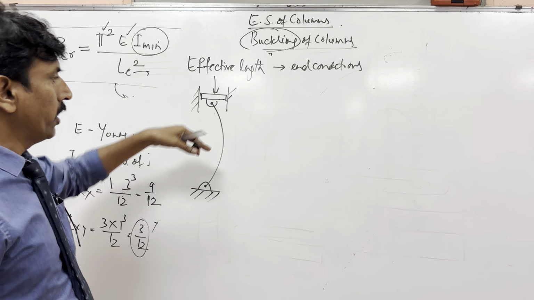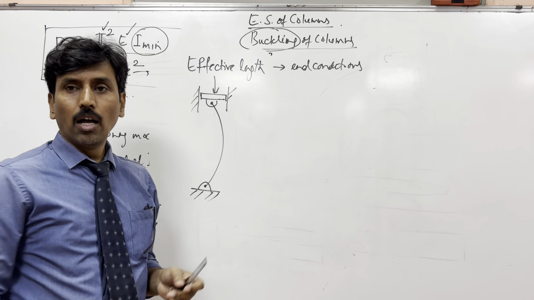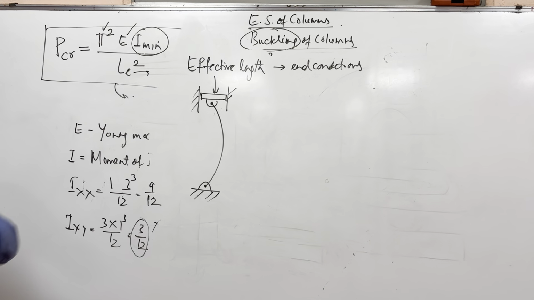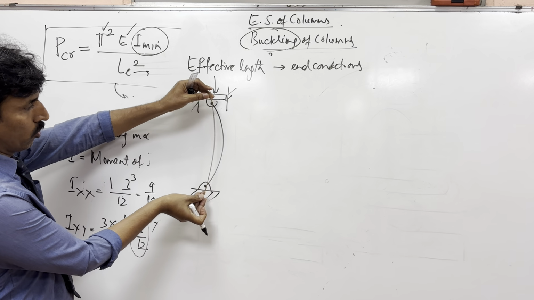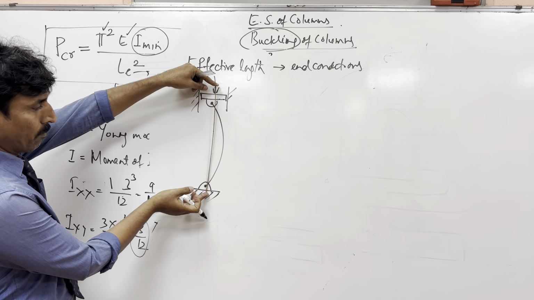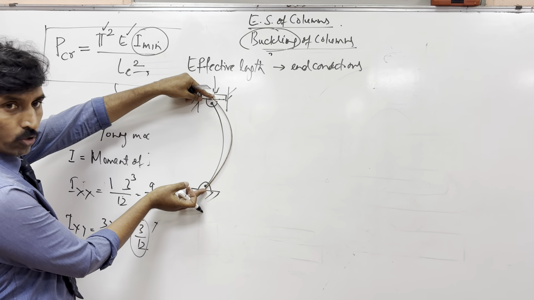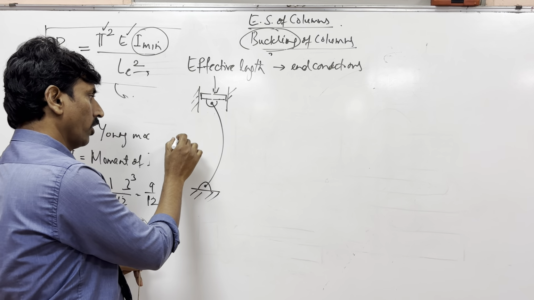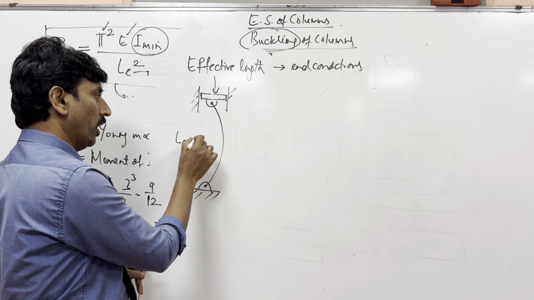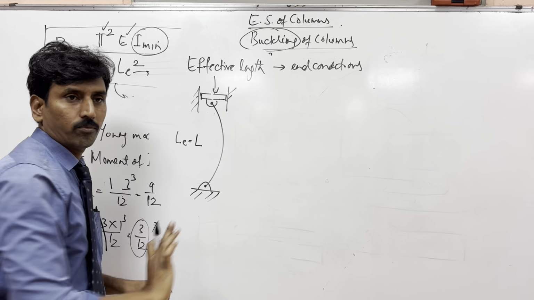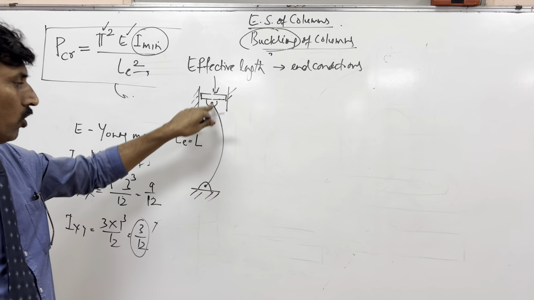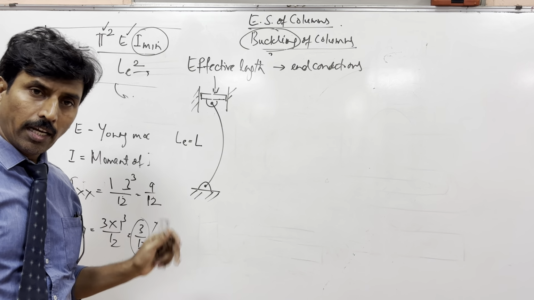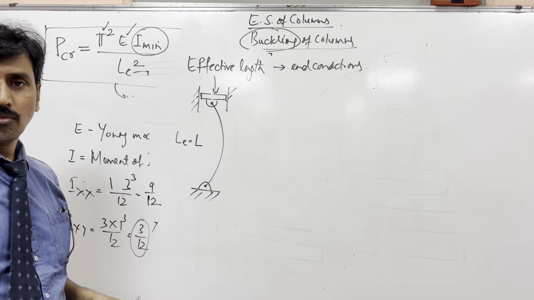As you apply the load, both ends are allowed to bend like this. In this case, he says the effective length has to be taken as the same length. If the length of the column is 1 meter, then the effective length has to be taken as 1 meter.